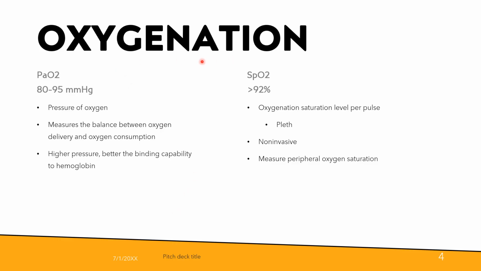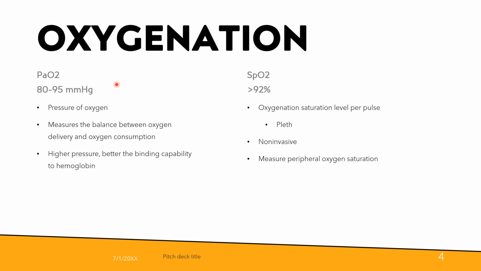So oxygenation. Again, our PaO2 is going to be 80 to 95. This is the pressure of oxygen. The higher pressure, the better we're able to have oxygen bind to hemoglobin, the more oxygen we're carrying to our end organs. When this is lower, it can tell us either we're not ventilating correctly or we have a high oxygen consumption.